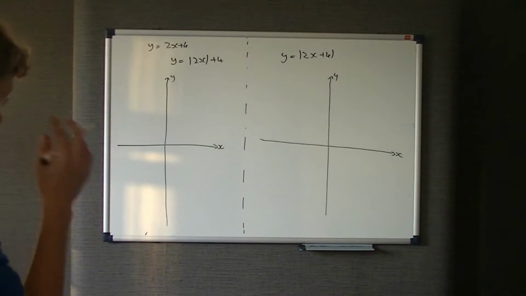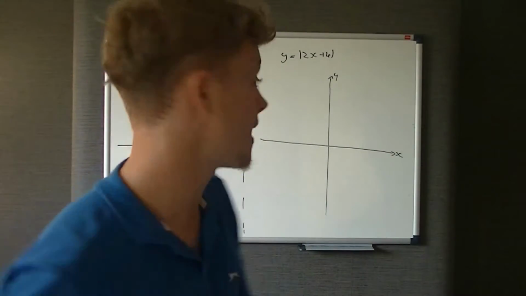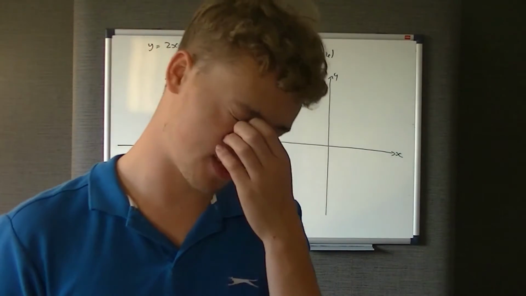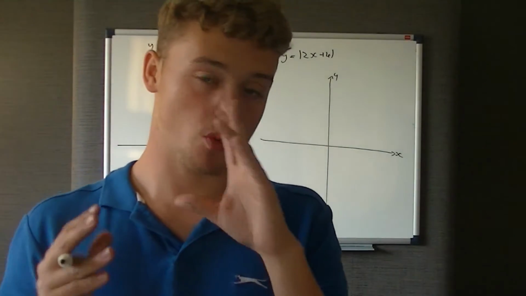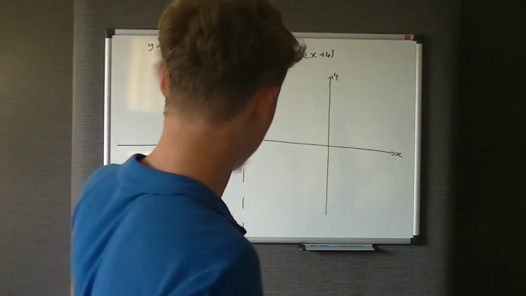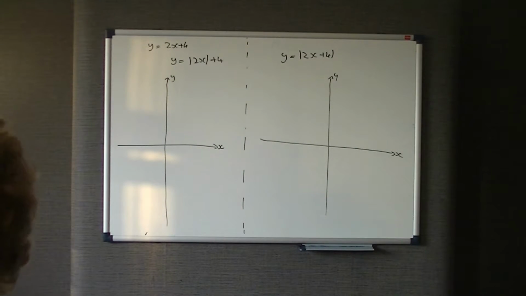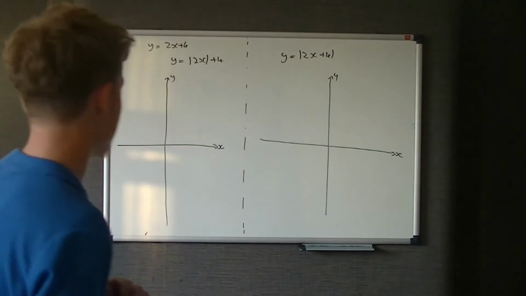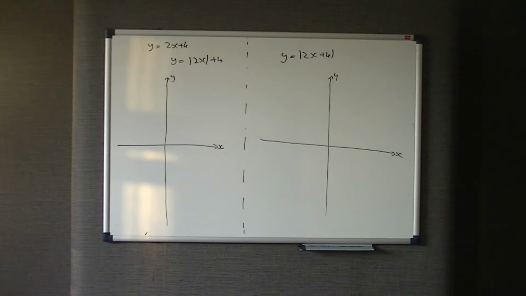Well, when the modulus is just over the x, it can be negative because the number on the outside can make it negative. So when it's just around the x, it is reflected from the right hand side into the left hand side. That's the right way around, isn't it?